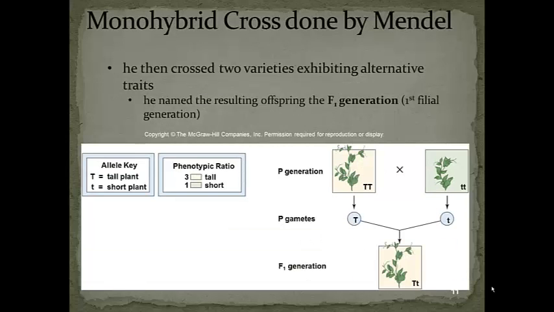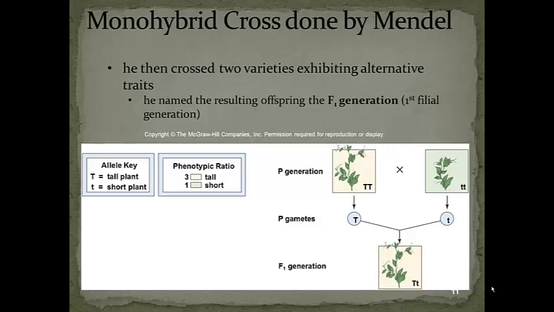Okay, so he crossed these 2 varieties, and the resulting offspring, he named them the F1 generation. That stands for first filial generation. Okay, filial means son. And what he found was that all of the offspring were tall.